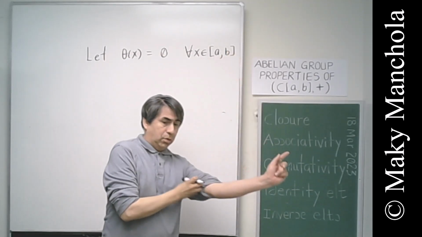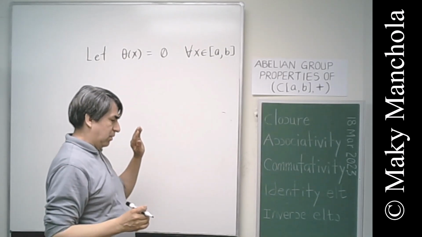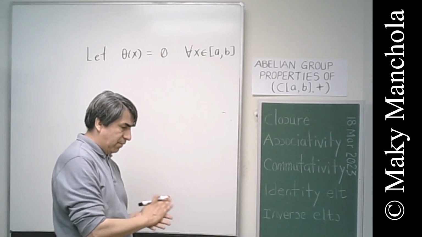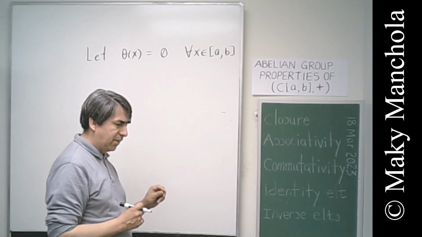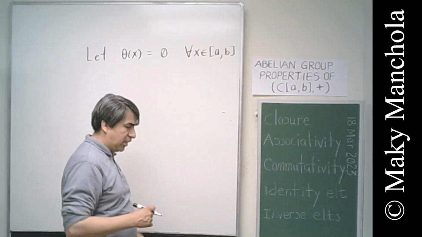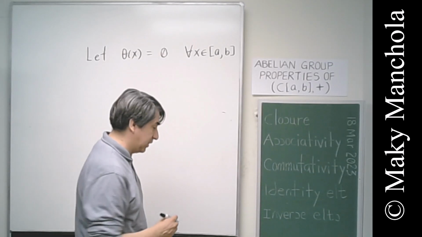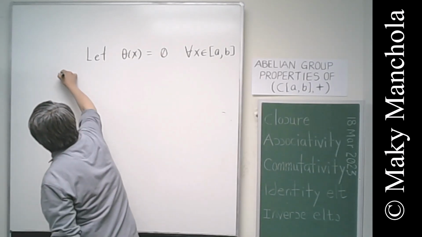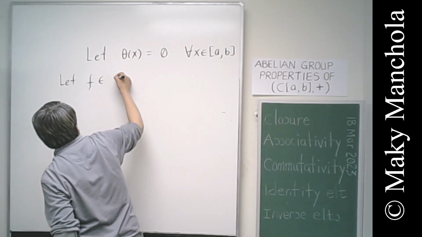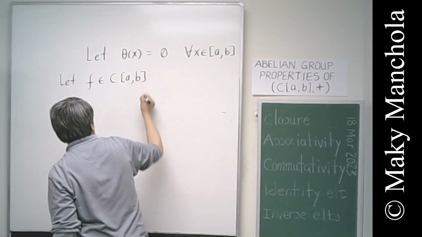We want to perform two calculations. Give me a function in the set of continuous functions in the interval a to b inclusive, added to our function theta, and confirm that theta does act as an identity. So let f be a continuous function on the interval a to b inclusive.